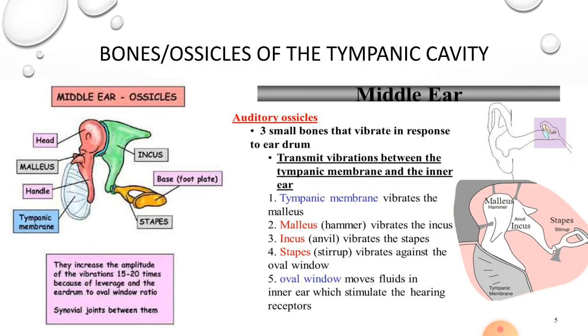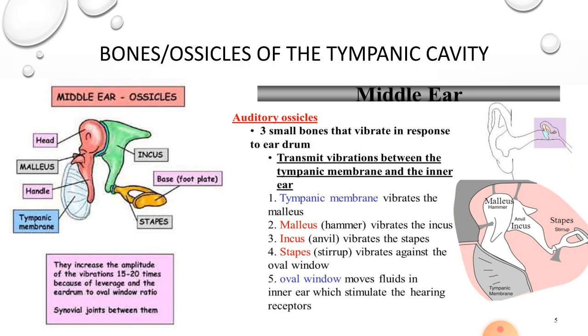The bones or the ossicles of the tympanic cavity: these are three ossicles, the red malleus, the green incus, and the yellow stapes. These three small bones vibrate in response to the eardrum and transmit vibrations between the tympanic membrane and the inner ear.